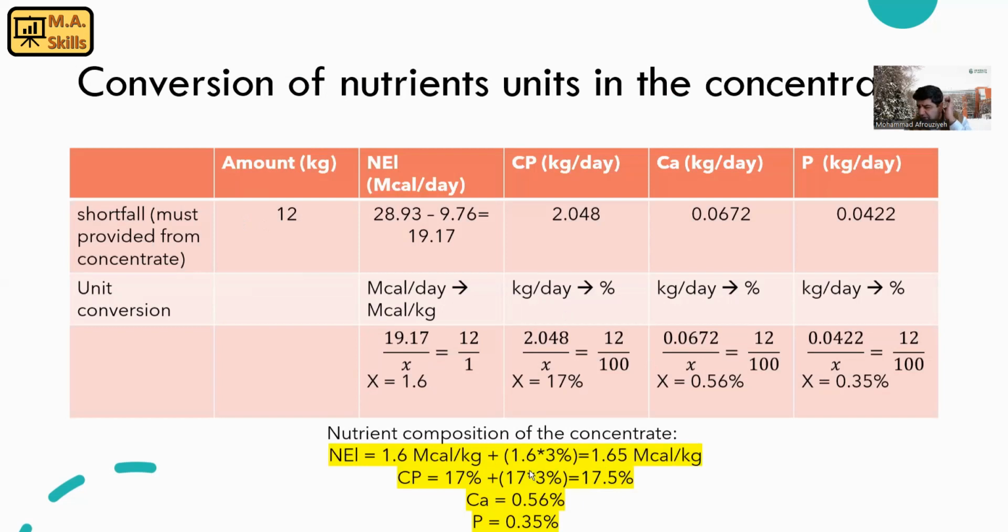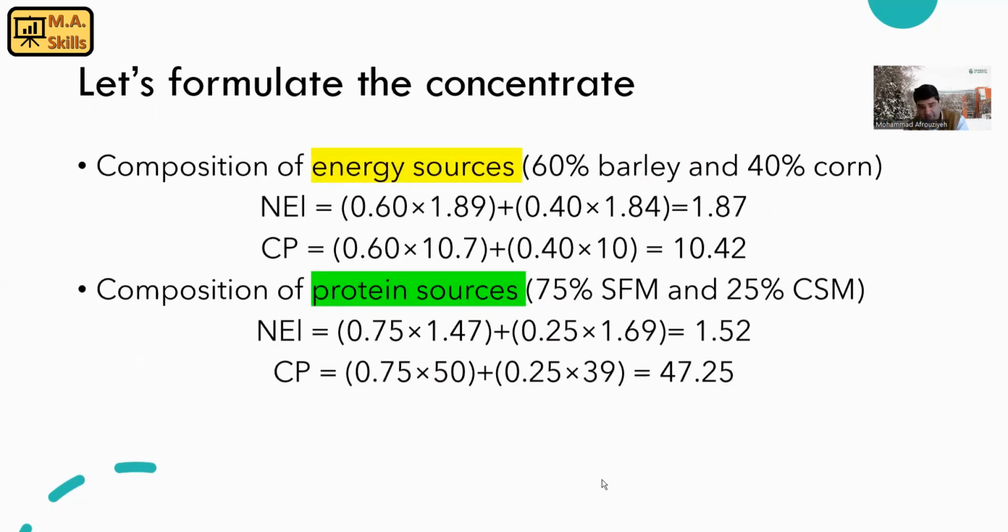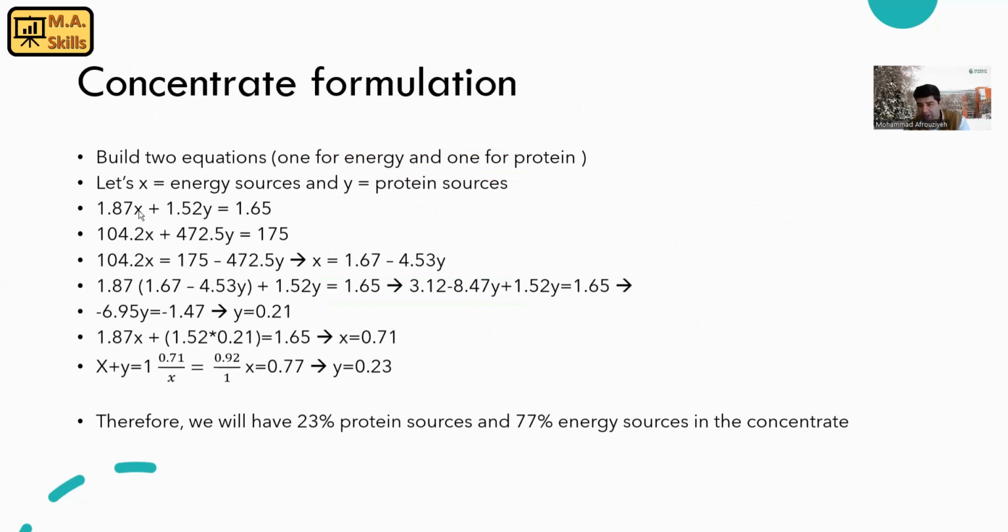In the nutrient composition of the concentrate, the target value for energy was 1.65 and the target protein level was 17.5%. So here is the same idea. Remember, for the protein equation, it's a good idea to convert the percent to grams per kilogram. To do that, you need to multiply the protein values by 10 to convert them from percent to grams per kilogram. Why?